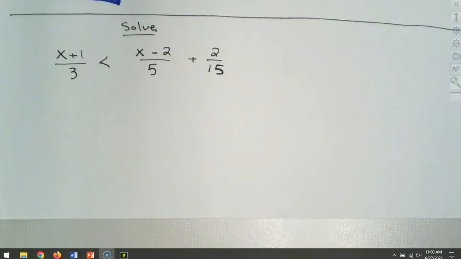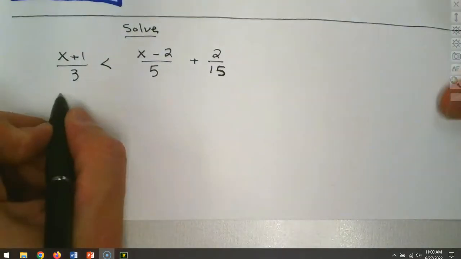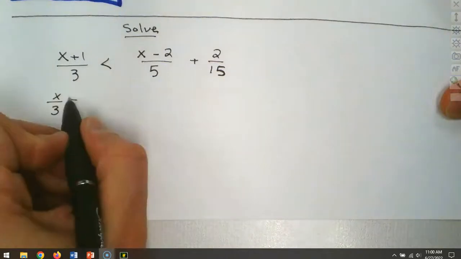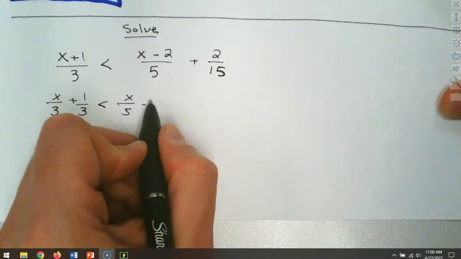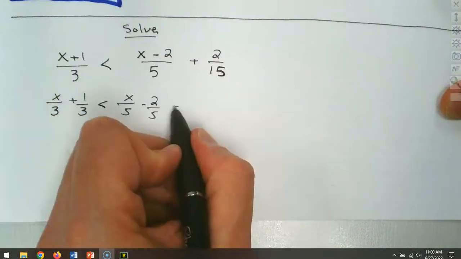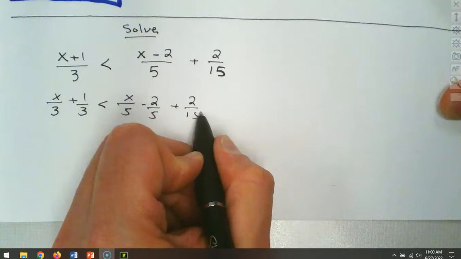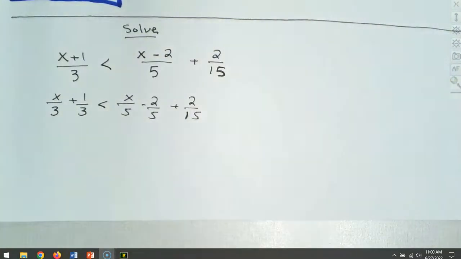Well, what are we going to do here? We need to clear our fractions, so we're going to break this up into individual fractions so that it's easier to handle.